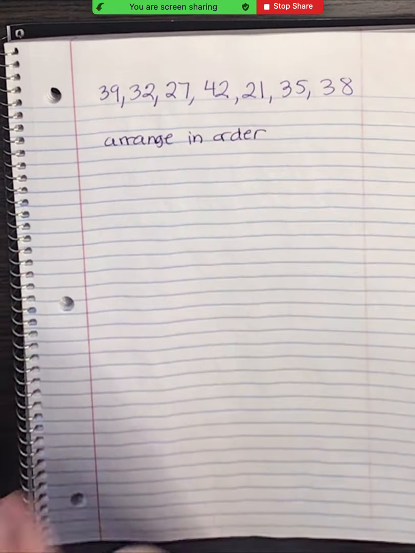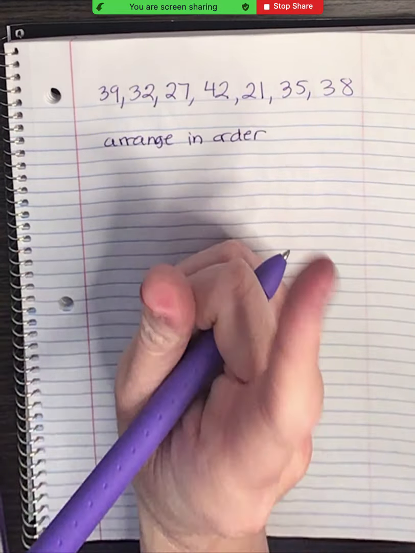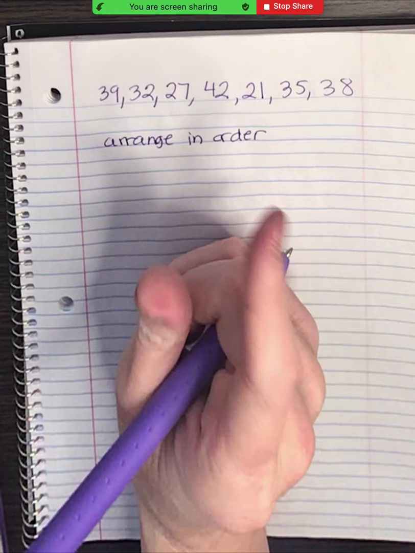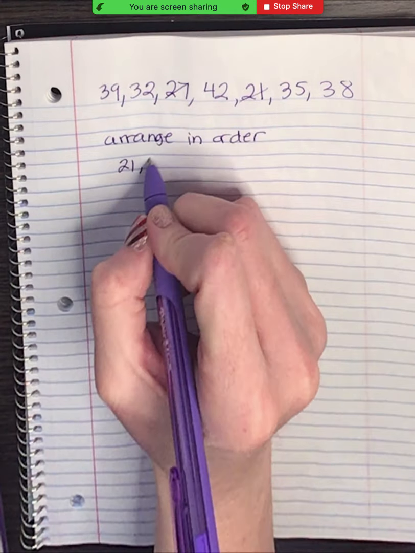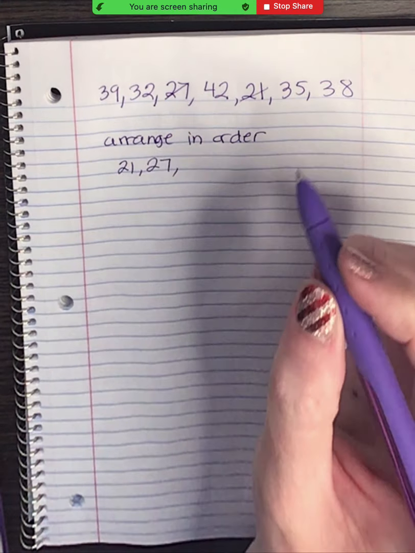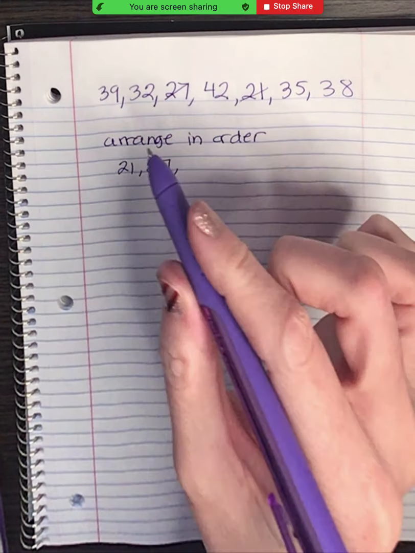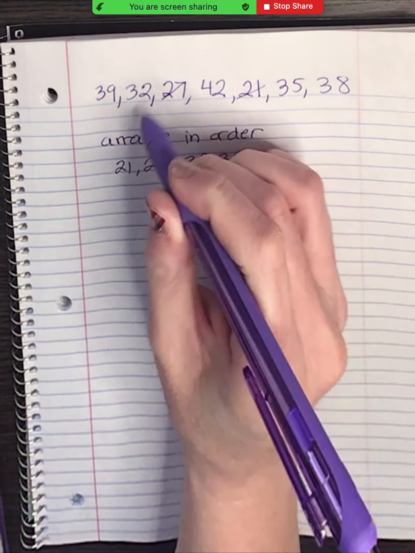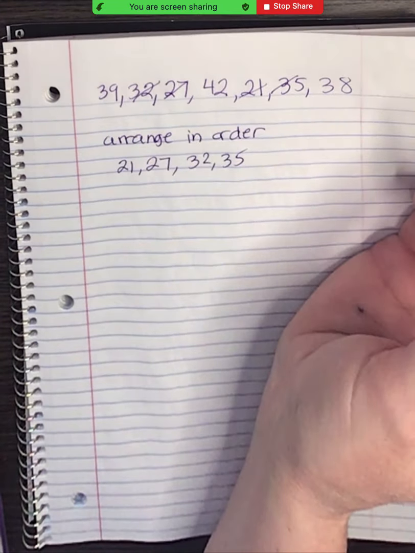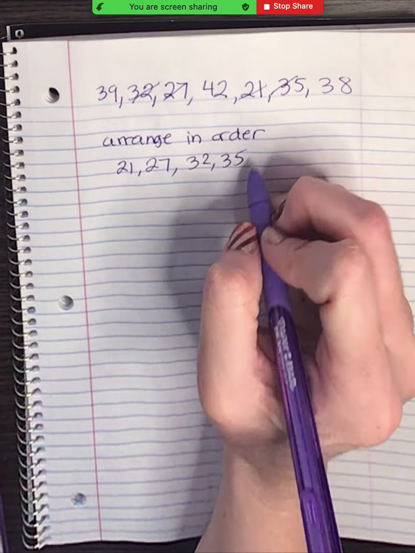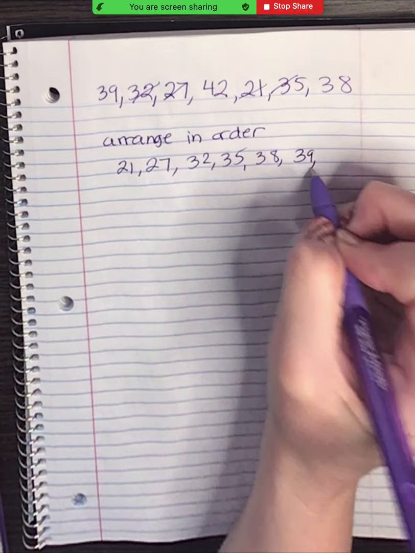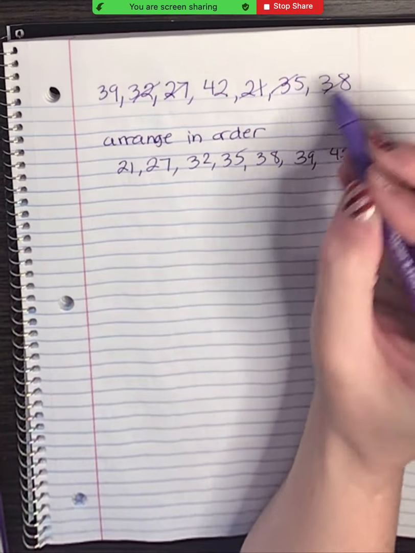Okay, from the smallest to the biggest. So it's going to be 21, 27, 32, 35, 38, 39, 42. Okay.